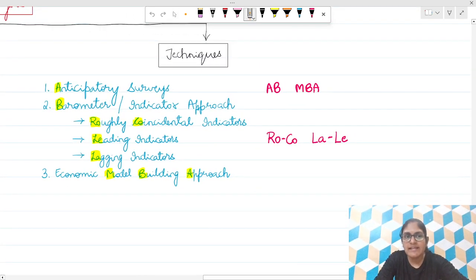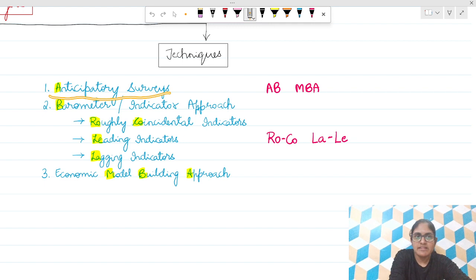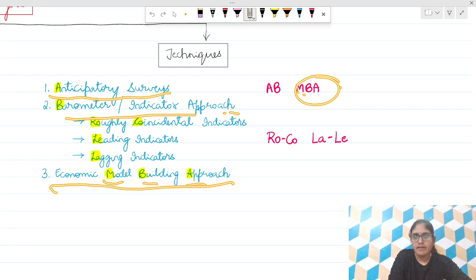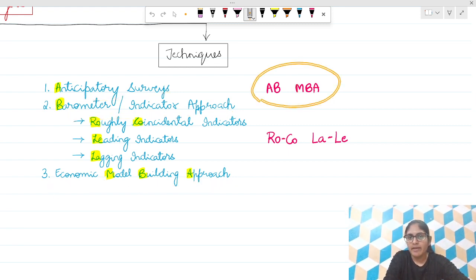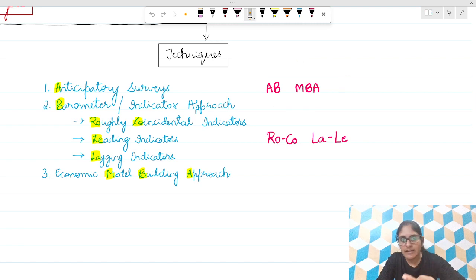A is anticipatory surveys, B is barometer or indicator approach, and MBA is model building approach, economic model building approach. So the top MBAs are anticipatory surveys, barometer or indicator approach, and model building approach.